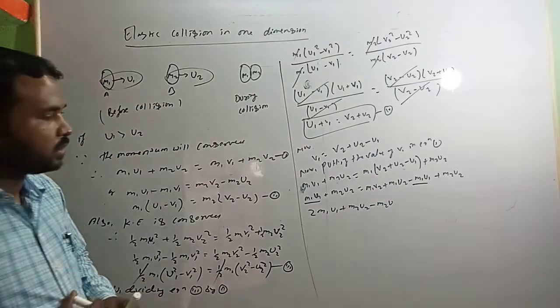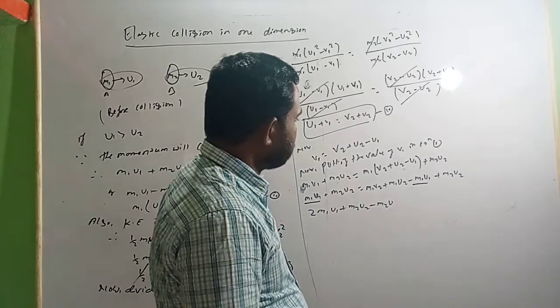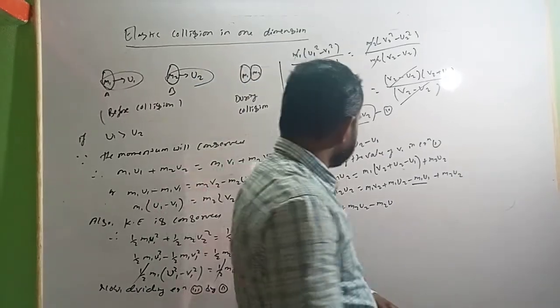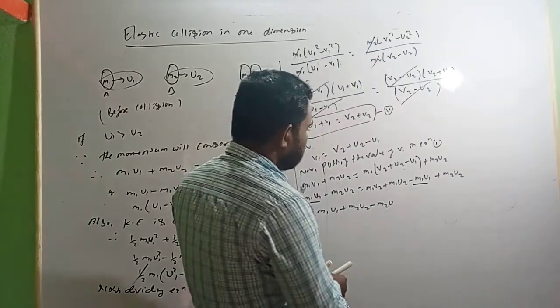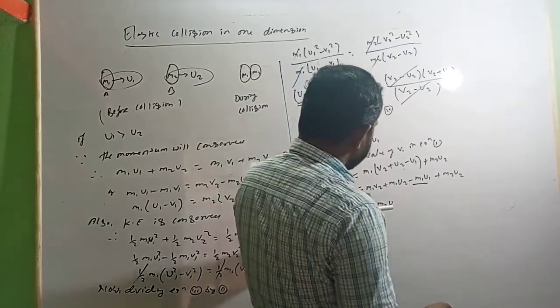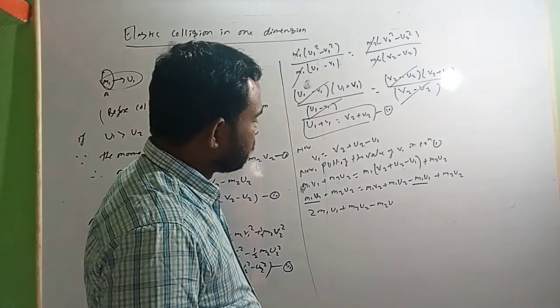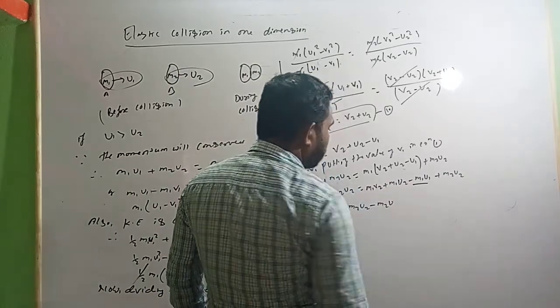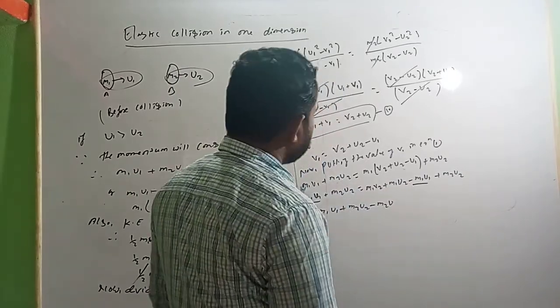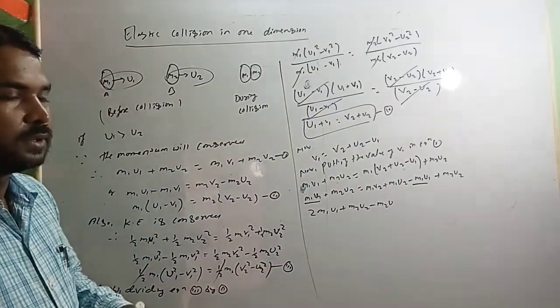Then m1 v2 and m1 u2, here you can take common m1, so v2 and then u2. Okay, can you take common?